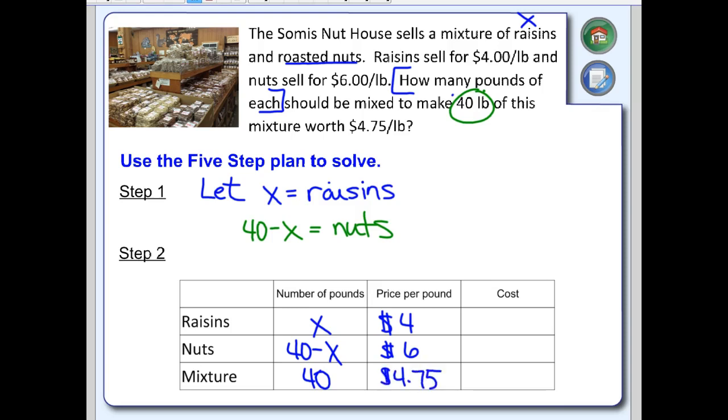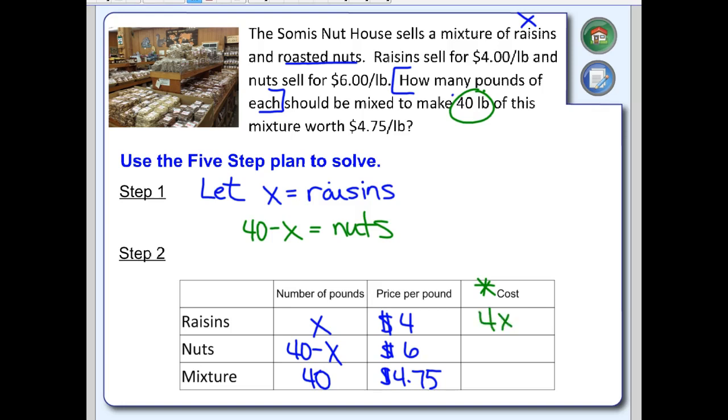$4.75. Now, when we did these charts back in Chapter 3 and Chapter 4, how did we figure out the final column? What did we do to get the final column at the end of our chart? Good job, nice memory. We're going to multiply across. So this is going to be 4x.